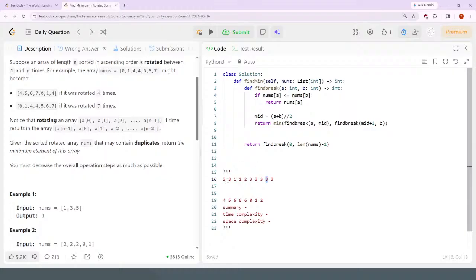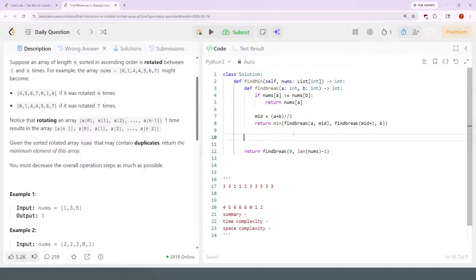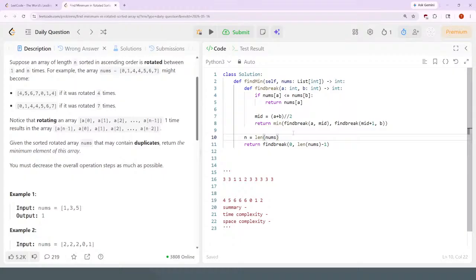Yeah, maybe I just remove the first and last element at that point. Okay, I think that's what I'll try to do. N is the length of nums. Oh, but then I have to keep on doing it, huh? I have to keep on removing the first and last element.